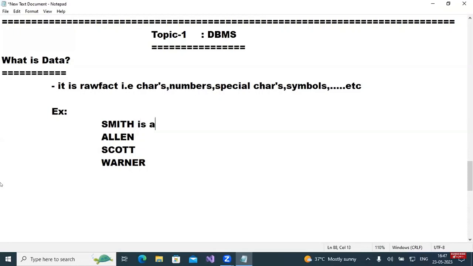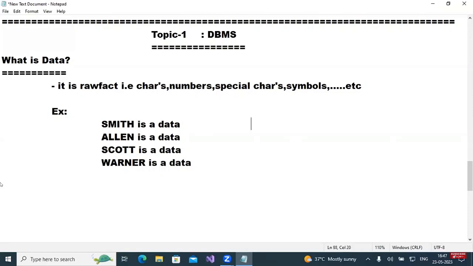Smith is a data. Smith is a word, and that word is called data. Like that, Allen is data, Scott is data, Warner is data. Understand my point?